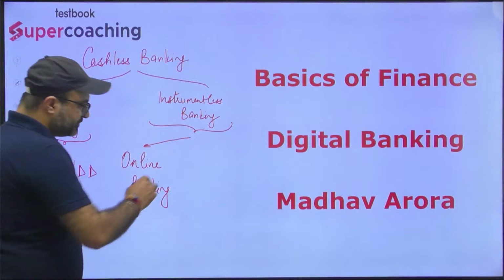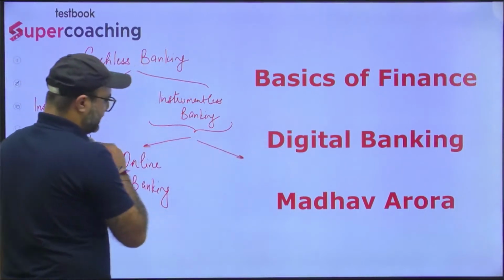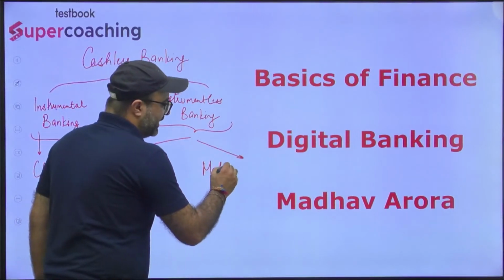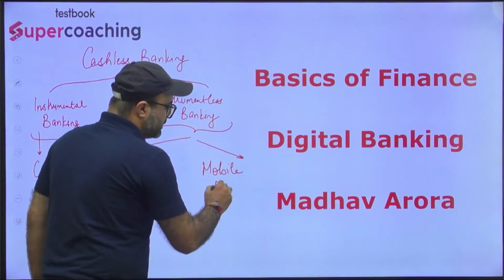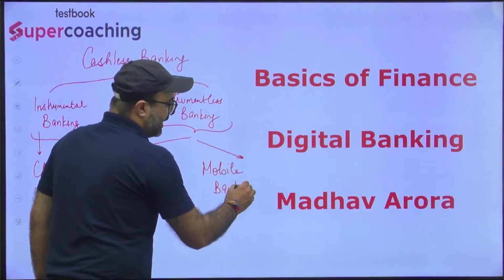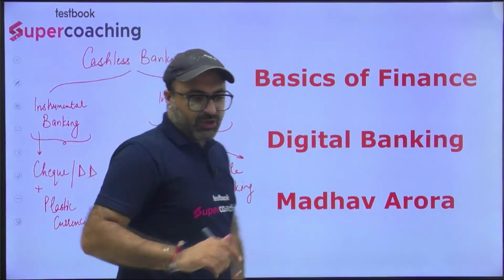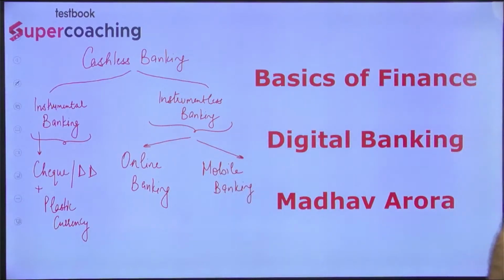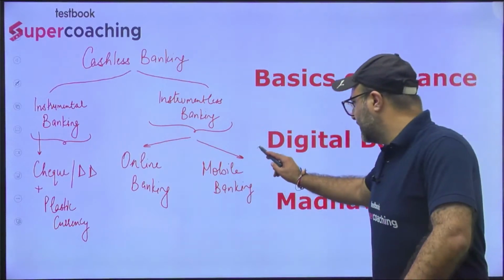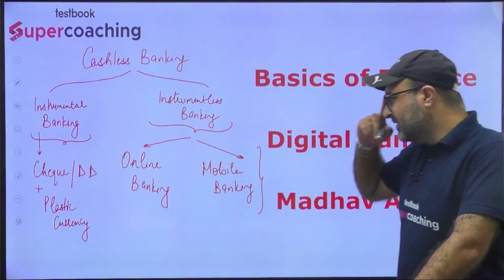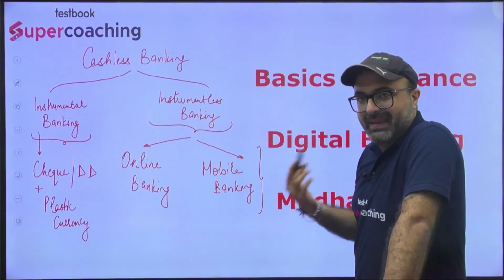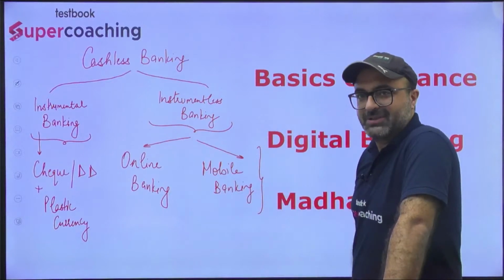And if the transactions are done without internet but with the help of a mobile phone, I'm not talking about a smartphone, just a normal mobile phone, and you are not using the internet, rather you are using the services provided by your service provider to make the transactions, that will be termed as mobile banking.